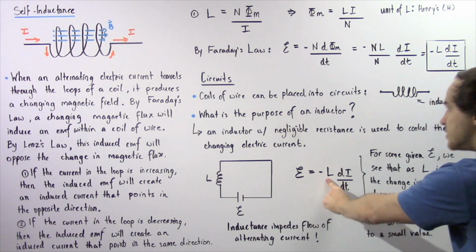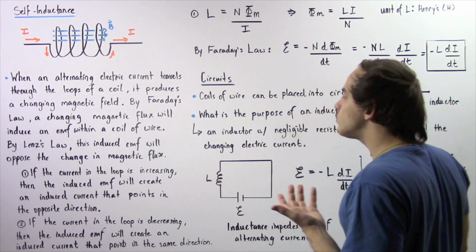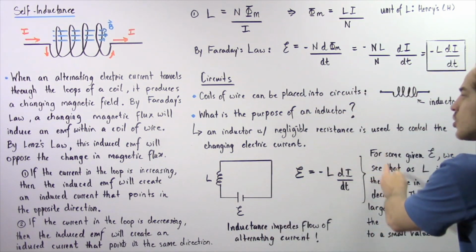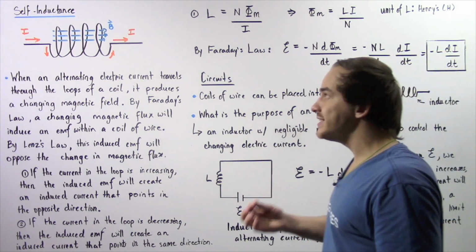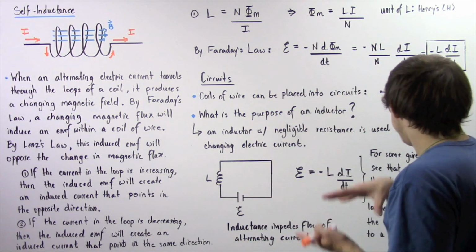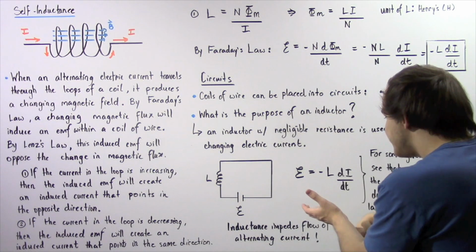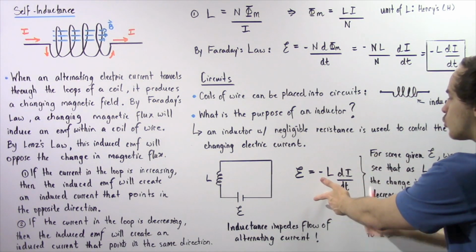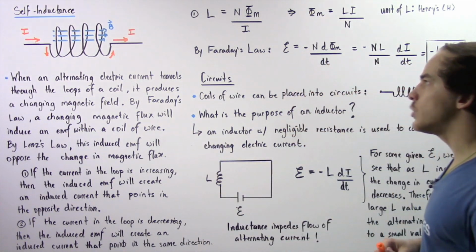So if we increase the quantity of inductance within our inductor, that will essentially decrease the rate of change of our electric current, and so our alternating current will thereby decrease. So therefore, a large L value will limit the alternating current to a very small value. Likewise, if the L decreases, this rate of change increases and our alternating electric current will also increase.